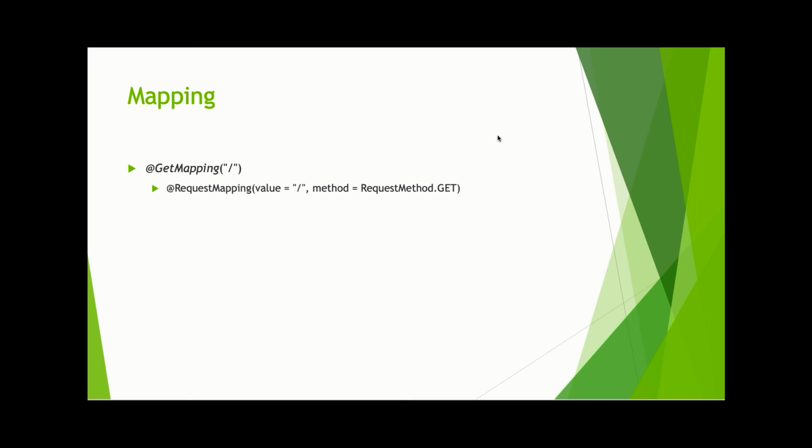So it is actually a combination of request mapping and the method, which is the get method. So that is request mapping. I hope it is understandable.